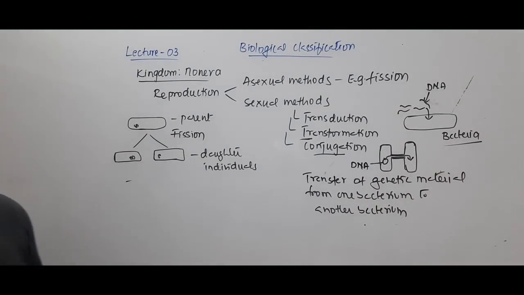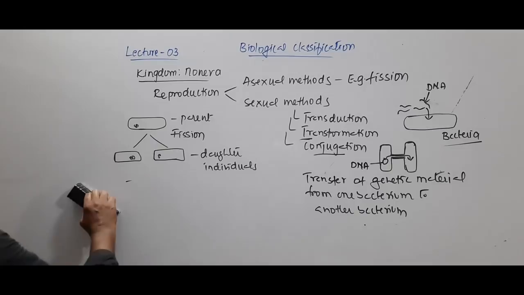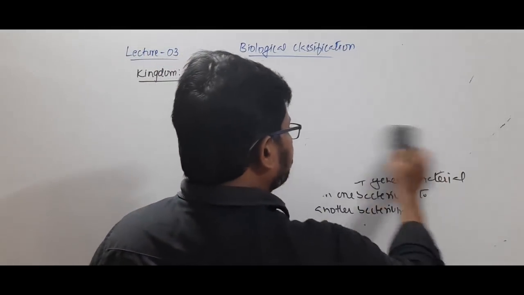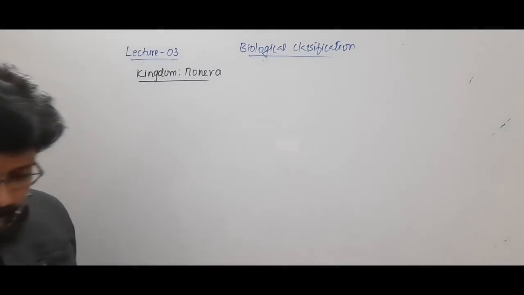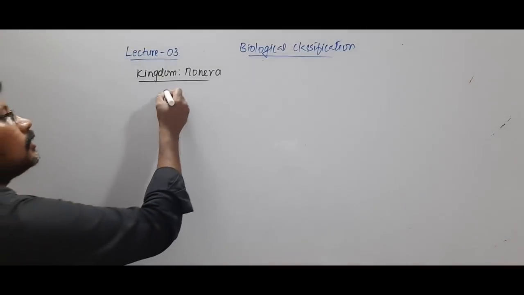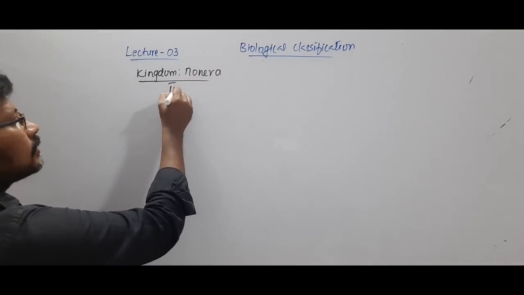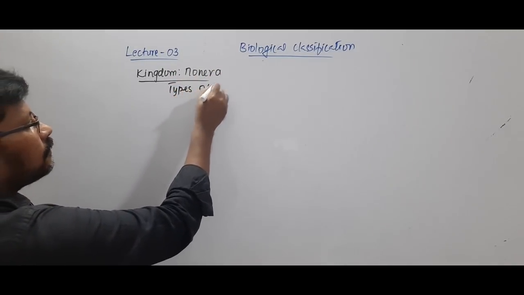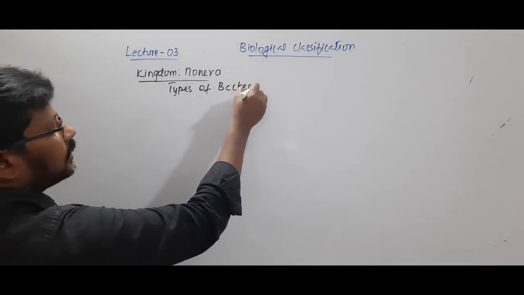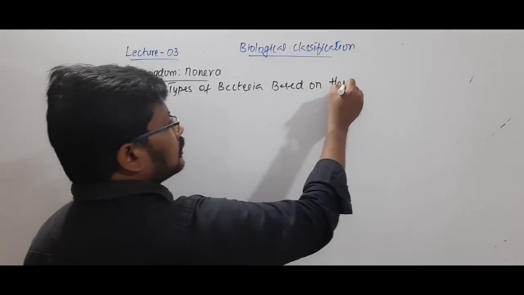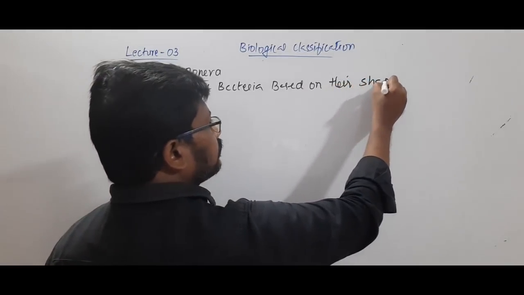Now these bacteria are classified based on their shapes. So, types of bacteria based on their shape.